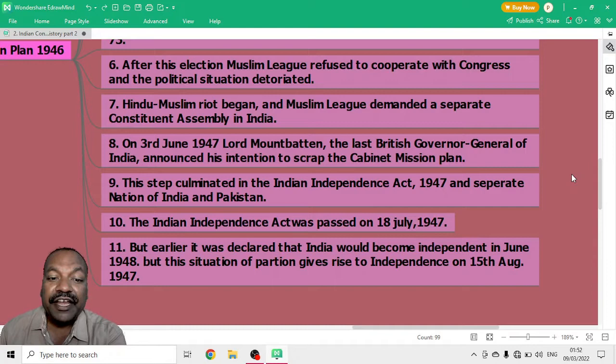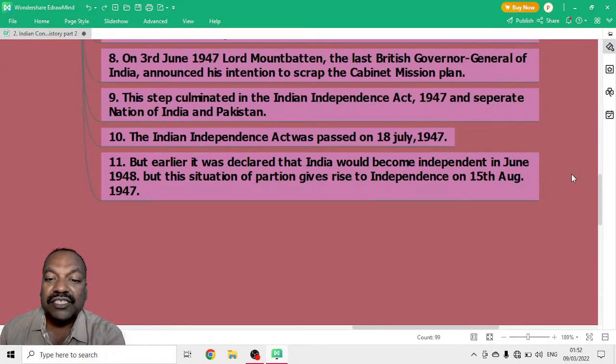Further, the Indian Independence Act was passed on 18th July 1947. If we look into this act, it was earlier declared that India would become independent in June 1948.